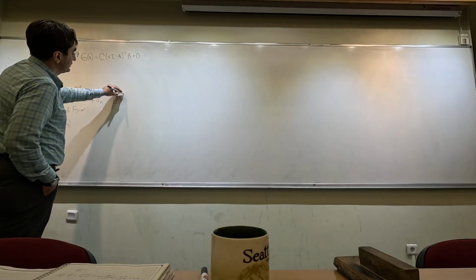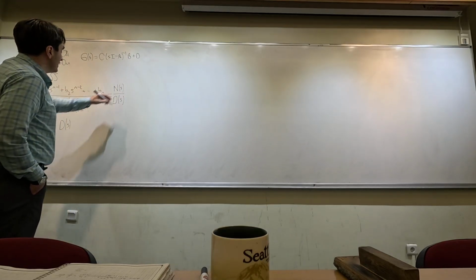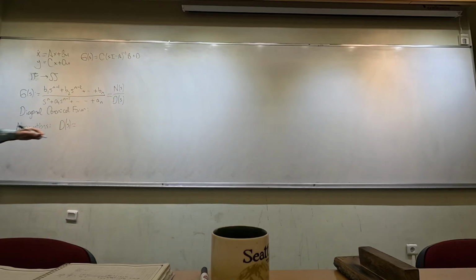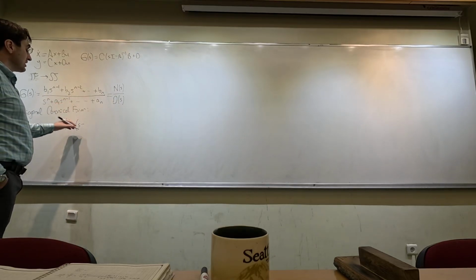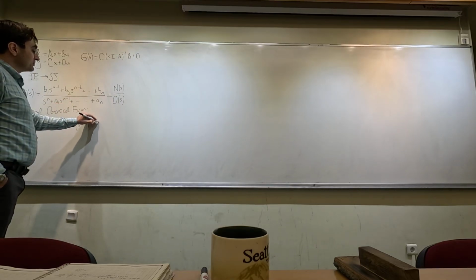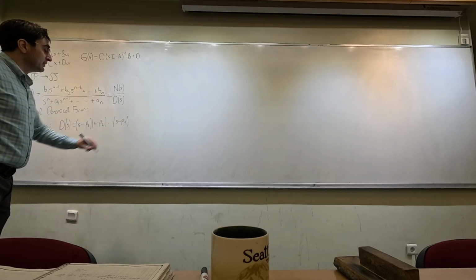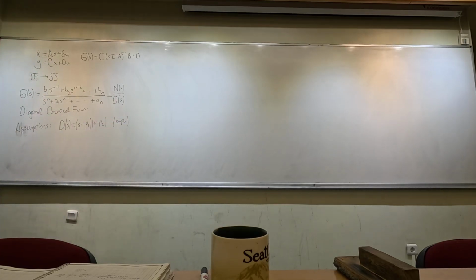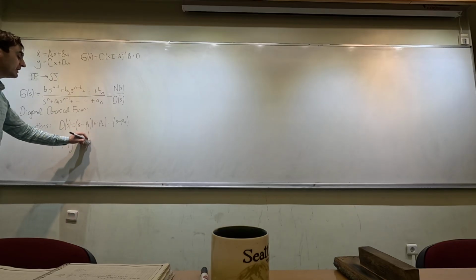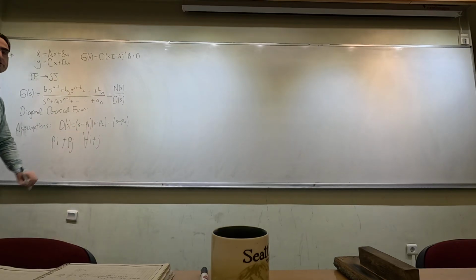I have assumed that D(s) is in the following form: (s minus p1)(s minus p2), going until (s minus pn). I assume that there are n poles, and these poles are distinct. That was our assumption: pi is not equal to pj for any i not equal to j. This was the assumption for diagonal canonical form.